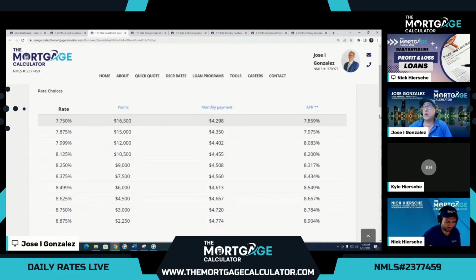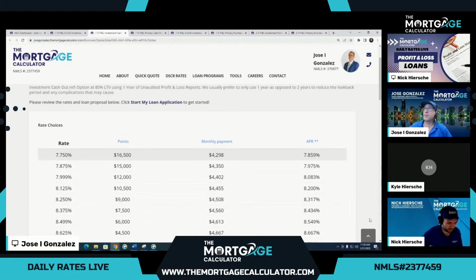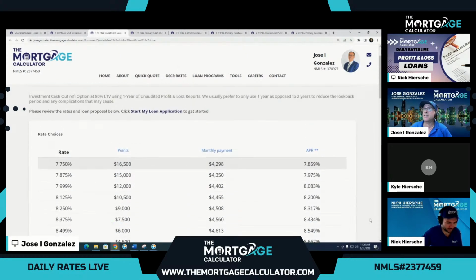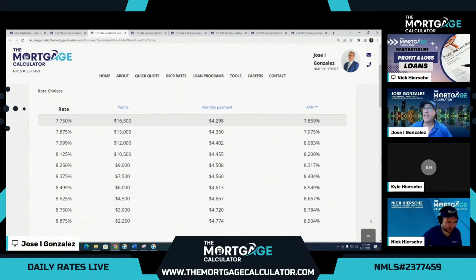Everybody wants to be chosen, so they put their best foot forward. So here we have really good options. I mean, this is investment property, 80% cash out, and it's a P&L. Conventional can't touch this with a 10-foot pole.